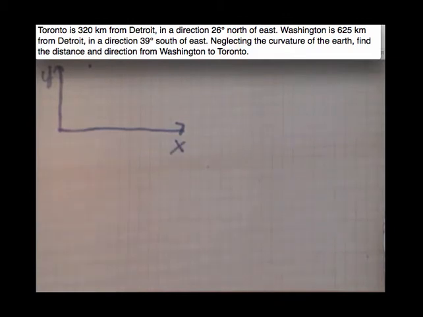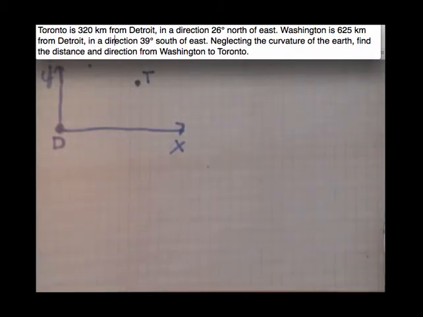Since things are being measured relative to Detroit, I'm going to put Detroit at the origin of my coordinate system. And Toronto, we're told, is 320 kilometers northeast of Detroit. So I'm going to put a little dot somewhere in the upper right-hand quadrant to represent the city of Toronto.